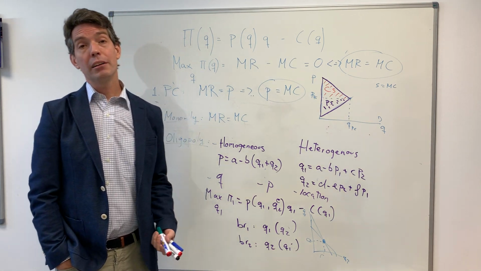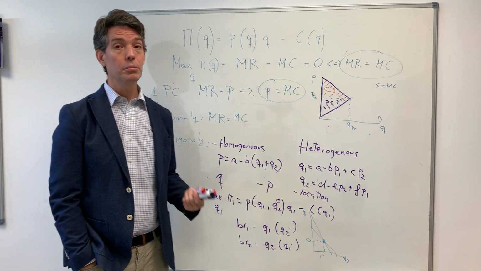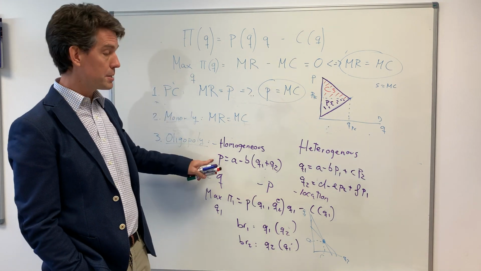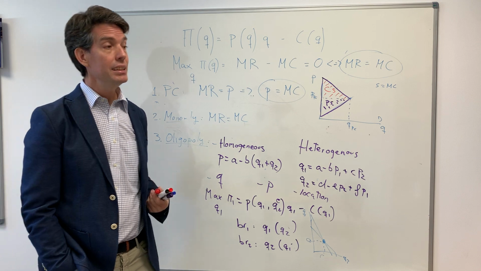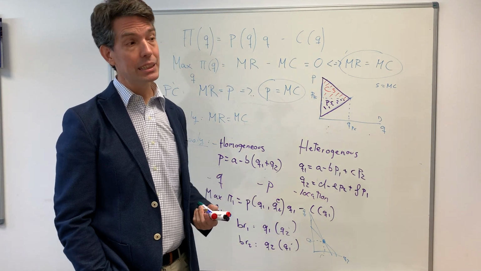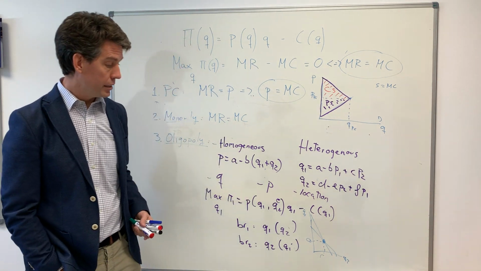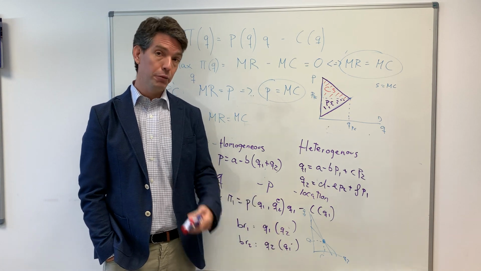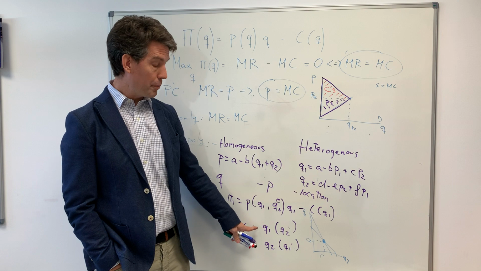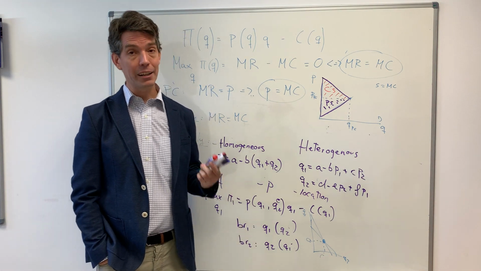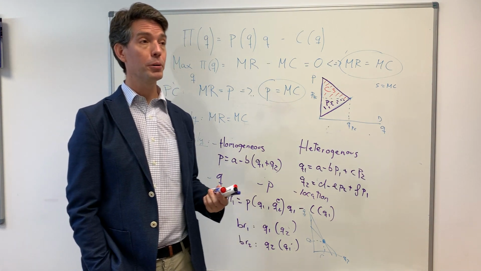The best possible agreement would be to produce the monopoly quantity, because it's the best price in order to maximize the total profits. But that situation would be a prisoner's dilemma, in which if I have agreed that the other is going to produce very little, for example half of the monopoly quantity, my best response is not to produce what I agree on, it's not to produce half of the monopoly quantity.